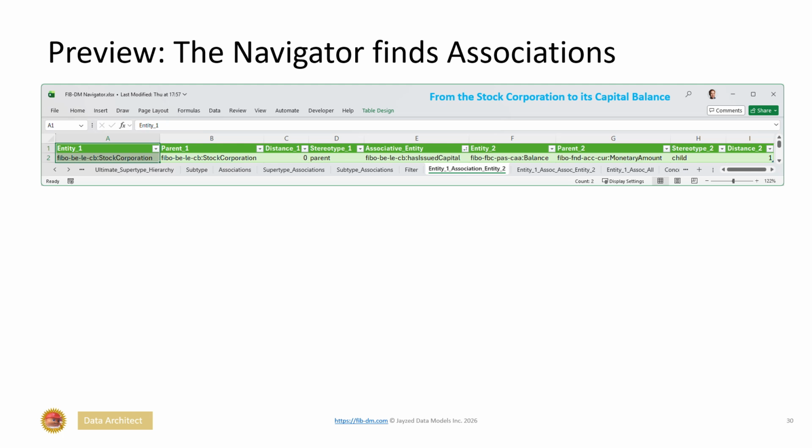And here, for example, we want to know from the stock corporation to its capital balance. So for entity 1, we filter with the stock corporation, and we see the stock corporation has an associative entity related to it, has issued capital, and has issued capital via its subtype, the balance.